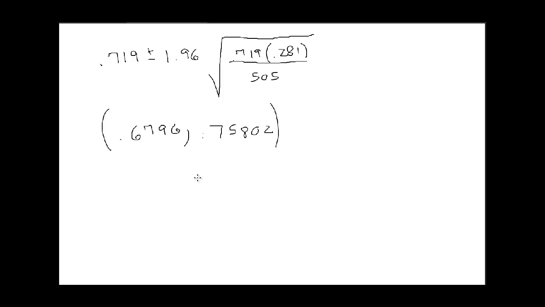Now, if they said it's at least 70%, then my confidence interval does not support that claim because 0.7 lies right between my interval. So some of my interval falls above 70%, some falls below 70%. I can't validate that claim. So we'll talk about this more in class later in the week.